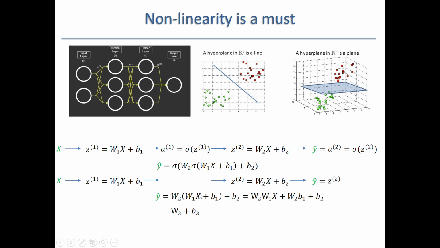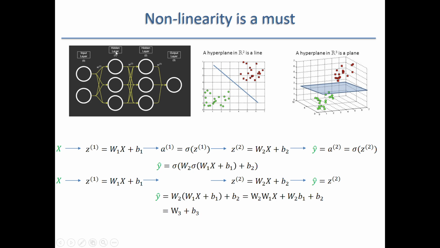We have the input multiplied by W1, adding the bias, and then we multiply by W2 and add the bias. So we can expand this expression, so we can have W2 times W1 times the input, and then this term. But this is just, sorry, there is a mistake here. So it is W3 times X plus a bias.